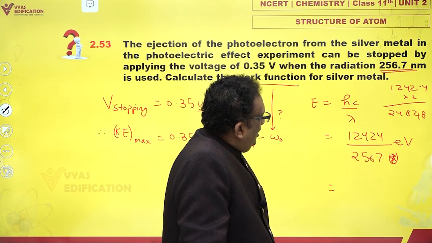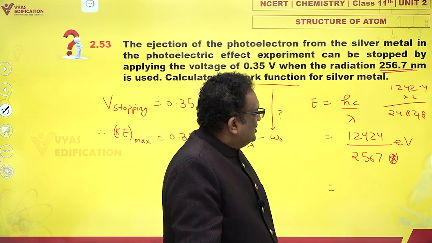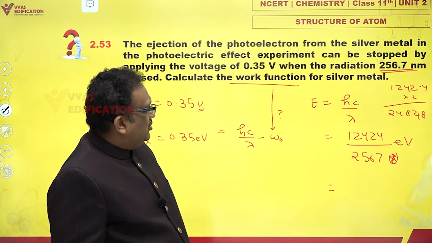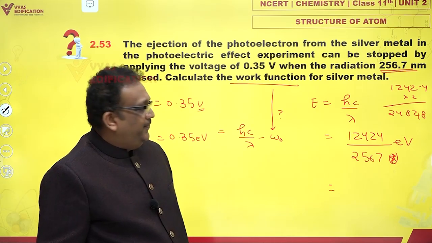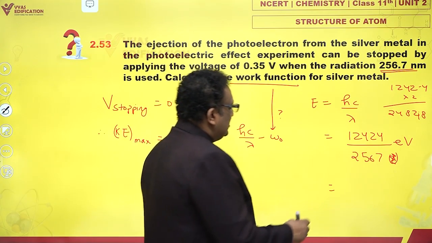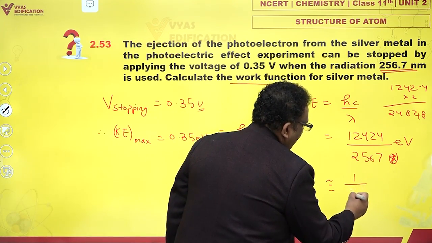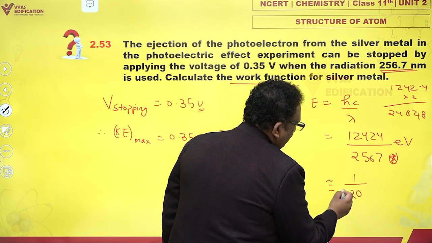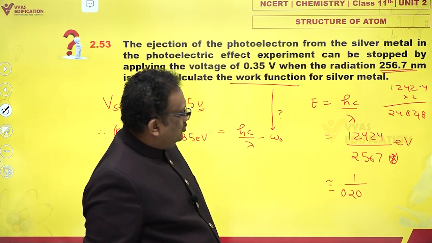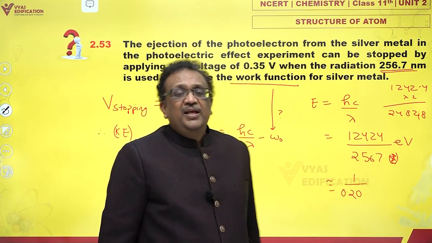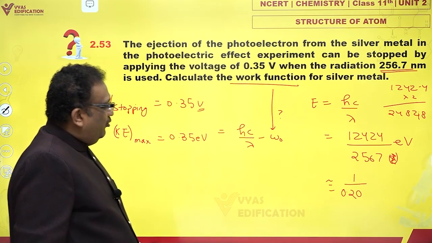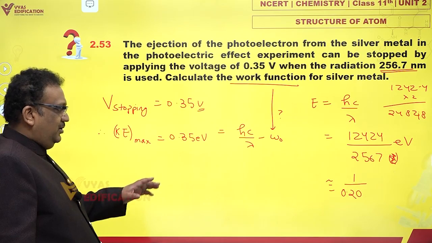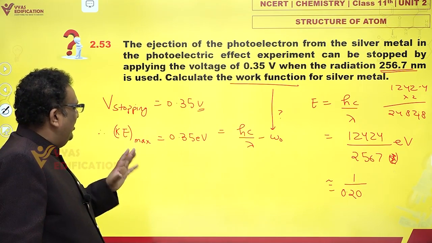How much? 2484, 2567, not even 100. It's around 80 more. Negligible. This is approximately 1 by, what do I say, 0.2. 1 by 0.2. That should be around 5 electron volts. If I do more accurately, the denominator is actually a little more than 0.2. So it would be 4.9, somewhere around that.